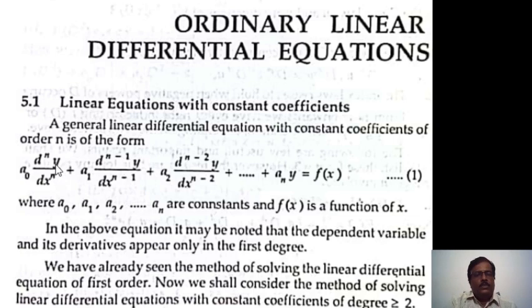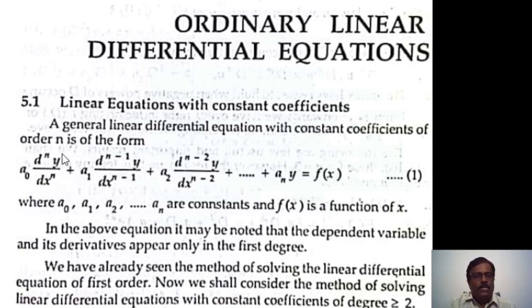So here both the dependent variable y and its derivatives, dy by dx, d^n y by dx^n, or d^(n-1) y by dx^(n-1), all these are derivatives of this dependent variable y.